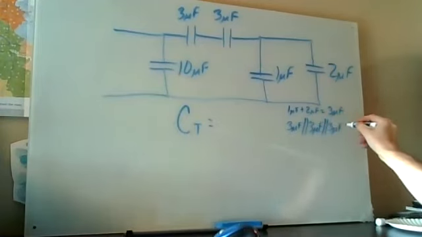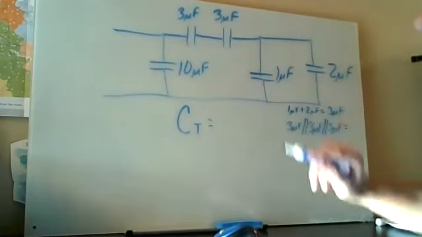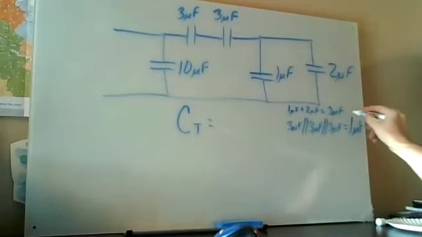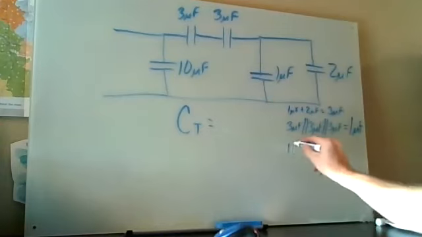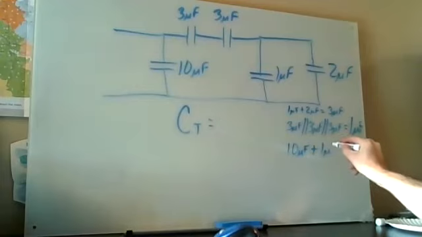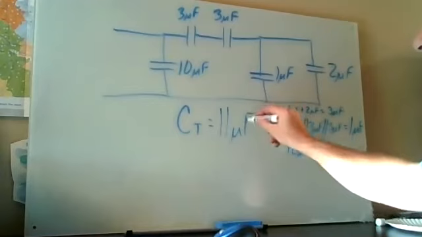That gives me 1 microfarad. That 1 microfarad would go right here. And now I have 10 microfarads in parallel with 1 microfarad, which gives me 11 microfarads.